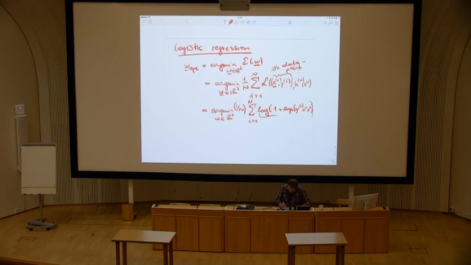So this here is the logistic loss obtained for the ith data point in the training set.